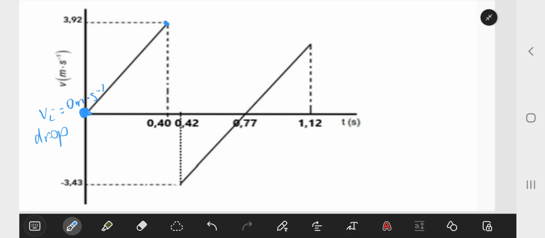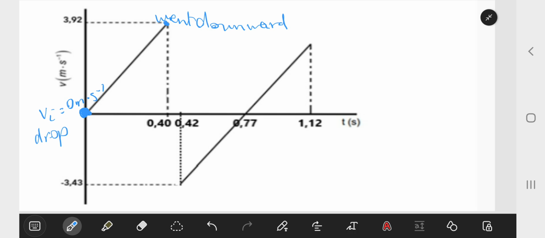So the object went downwards. Formulating the statement: an object was dropped from a stationary point, and the object went downwards to bounce. Those dotted lines represent a bounce.